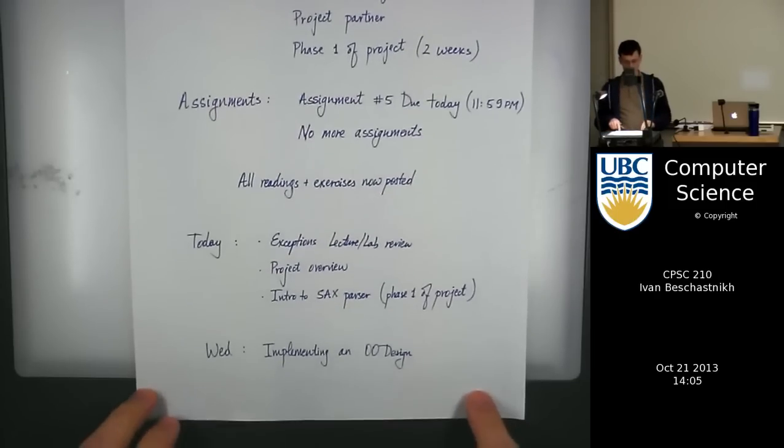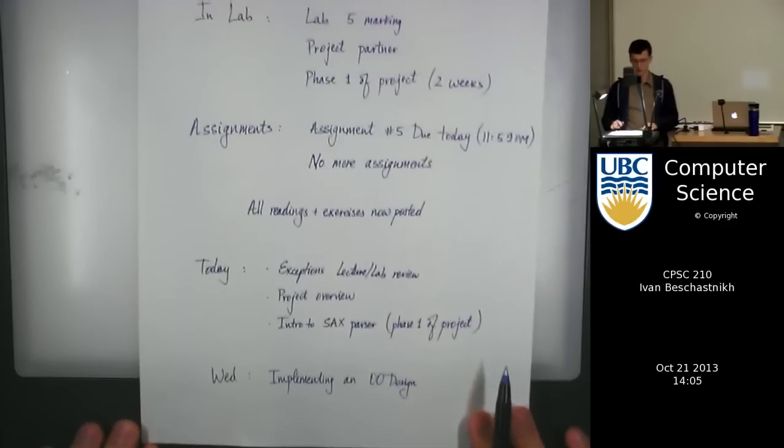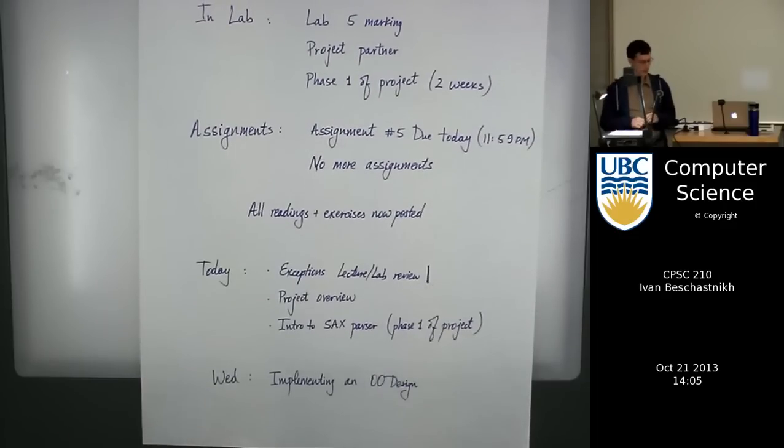So what are we doing today? We had the exceptions lecture lab on Friday. I didn't have a chance to go over it, so I'll go over two of the questions in the lecture lab. Then I'll give you an overview of the project. It's pretty exciting. It's like an Android application, so it's going to be hip, and if you have an Android phone, you can run it on your phone.